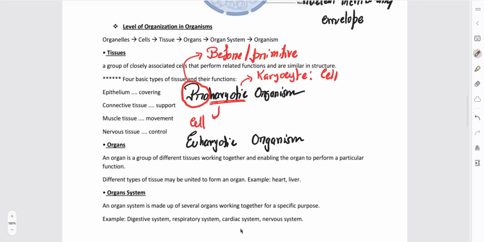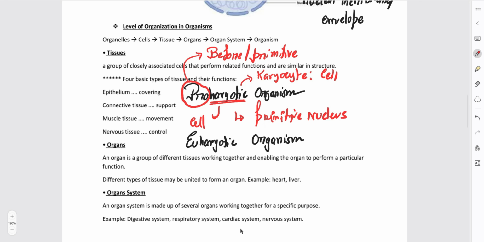So prokaryotic means before cell, right? These are basically cells that do not have a nucleus, or we say that they have a primitive nucleus, right? These are prokaryotic organisms.